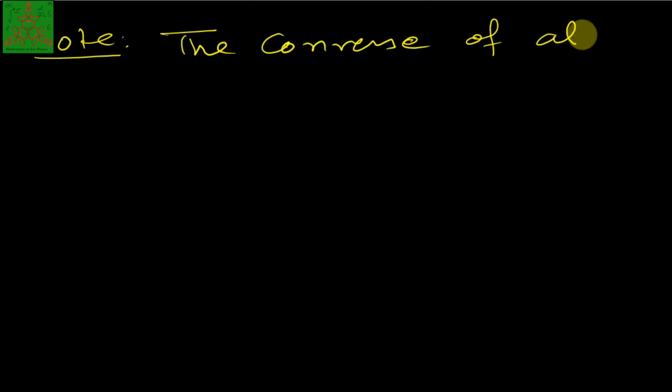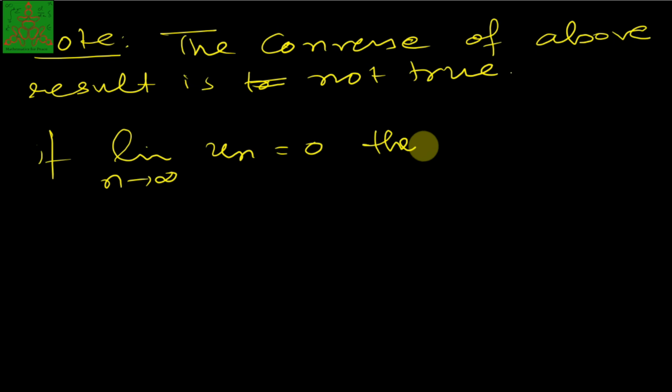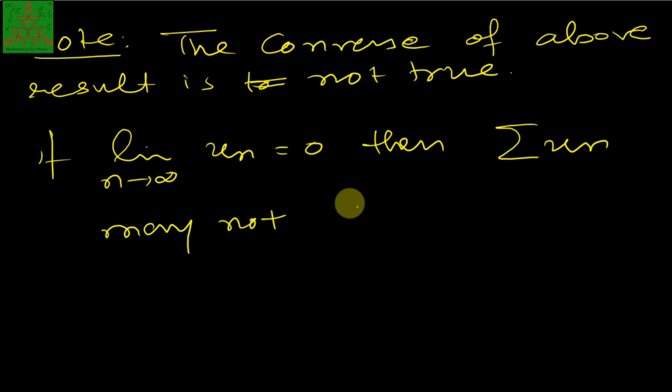So we should write as a note that the converse of the above result is not true. That means if the limit of un is equal to 0 as n tends to infinity, then the summation of un may or may not converge.